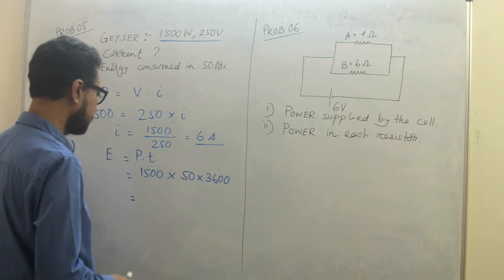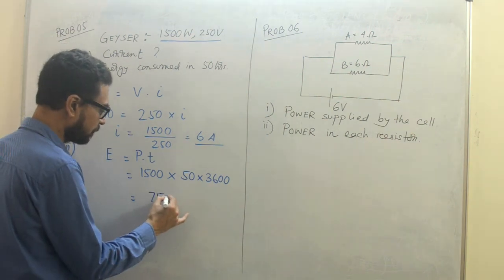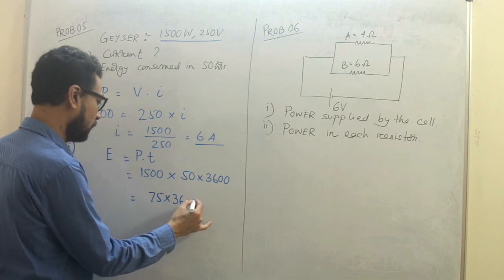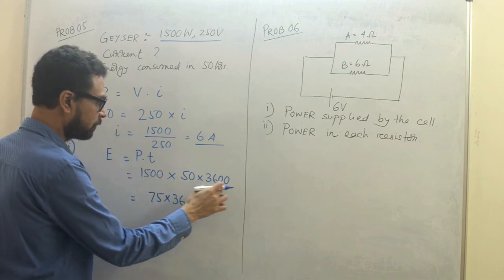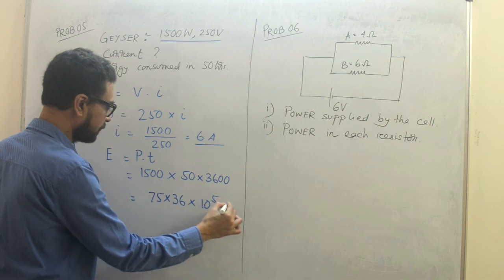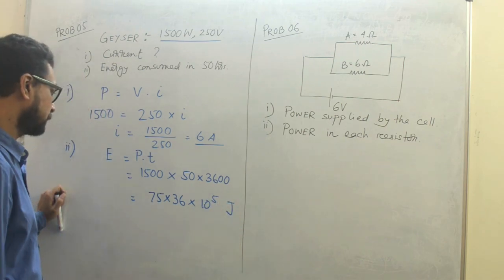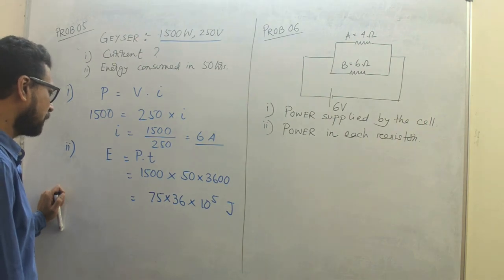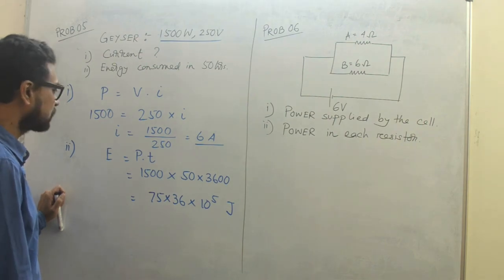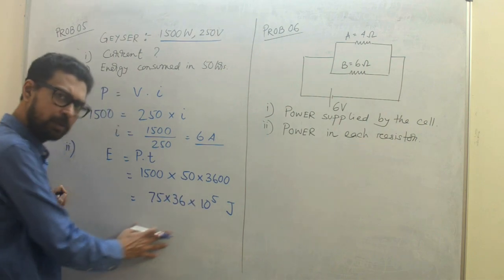So 75 into 36 into 10 to the power 5. This is the amount of energy they are using. Since they have asked us to find energy, this is the value in joule that you can calculate.